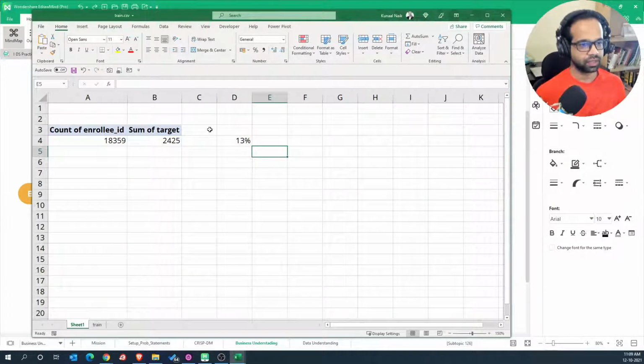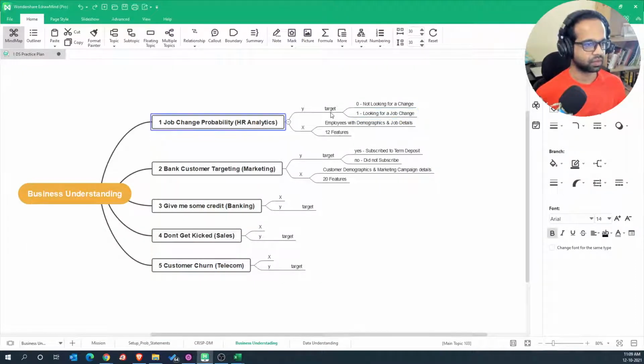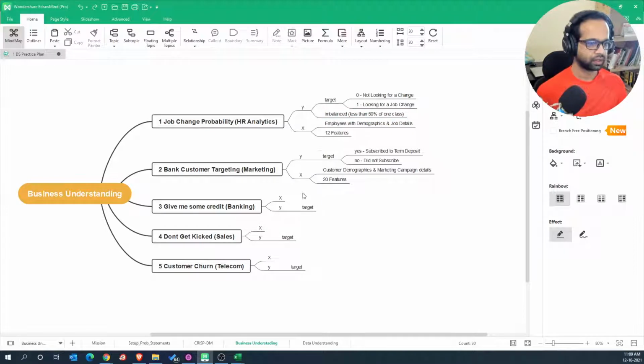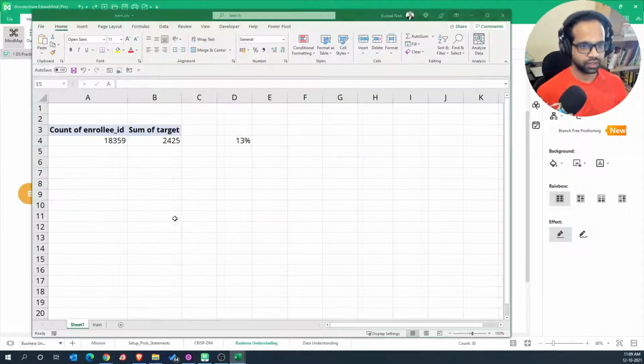So we need to keep this in mind, and we will note it here as imbalanced, which is anything less than 50% of one class. We can take a call on maybe plus or minus 5% of this, but for now, let's assume this is the case. Good, so that we have understood.